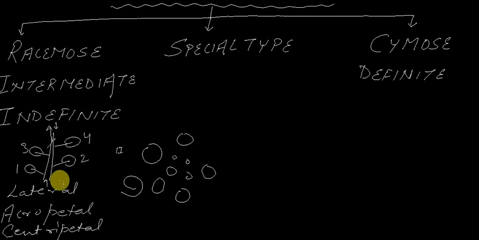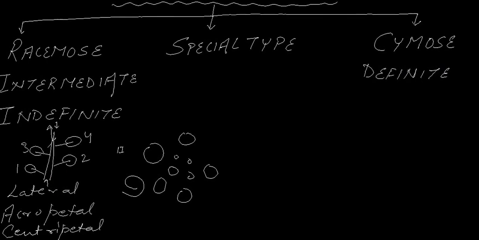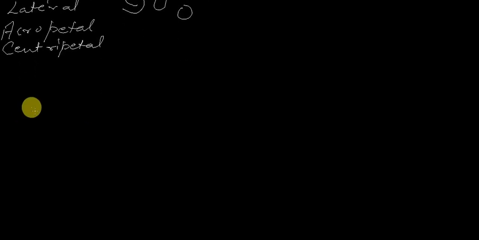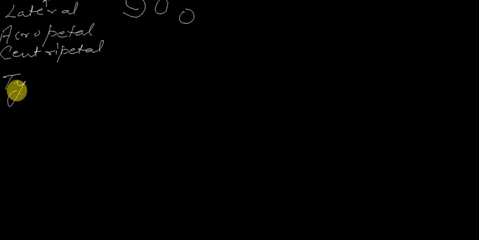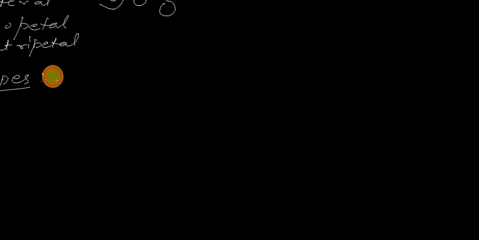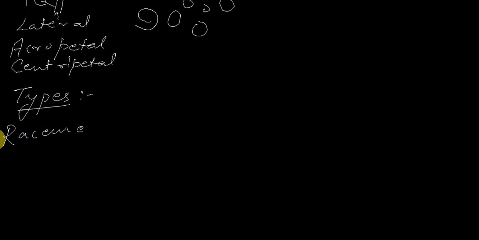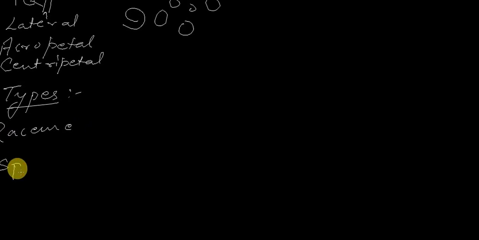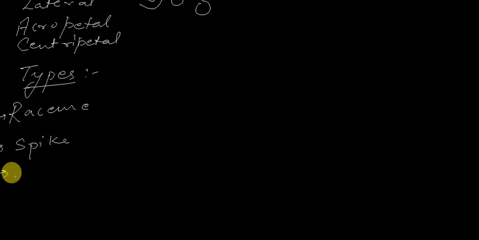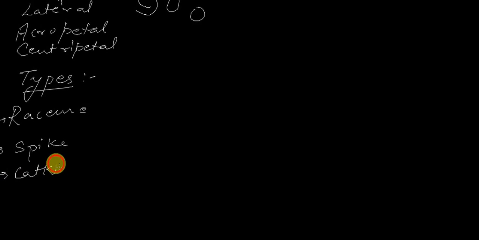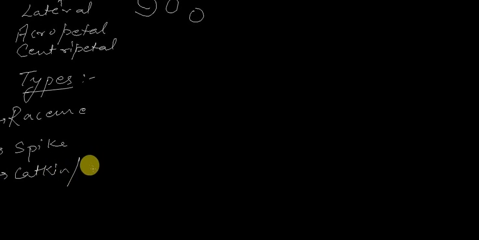Now racemose inflorescence or indefinite inflorescence is of several types, so you need to study about the types in detail. First type is raceme, another one spike, another one catkin. Catkin is also called as amentum.